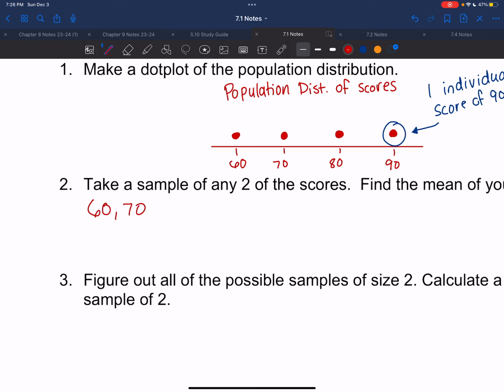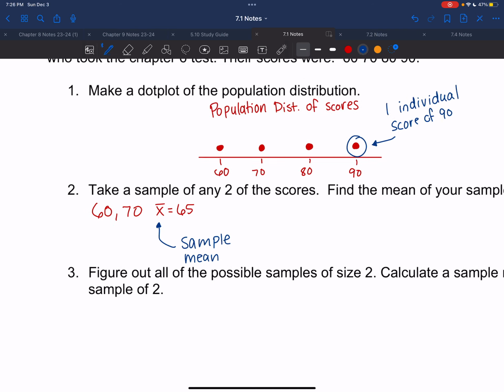If I average those together, I get an average of 65. So this sample has a 65 average. This is what's known as our sample mean, and we typically use the symbol x bar to represent a sample mean.